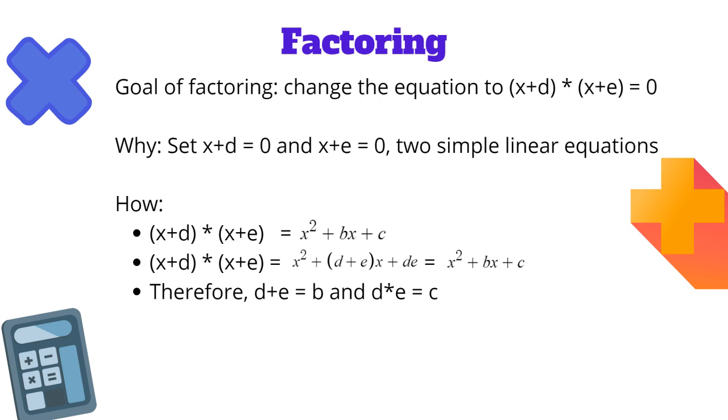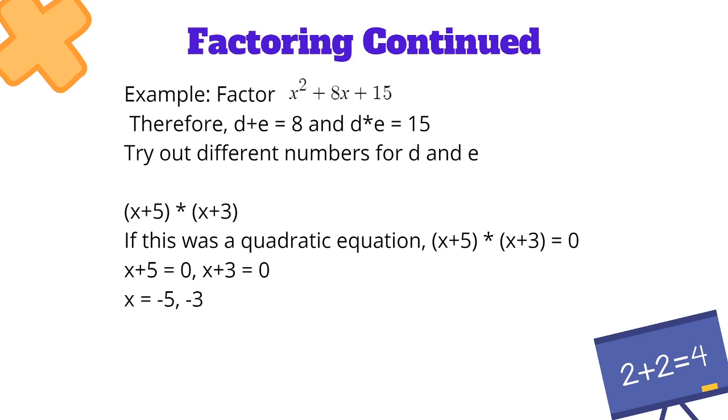And so essentially, to get to d and e, we need d and e to add up to b, but multiply to c. This is much simpler to understand with an example. So here's one. Let's say we have to factor x squared plus 8x plus 15.